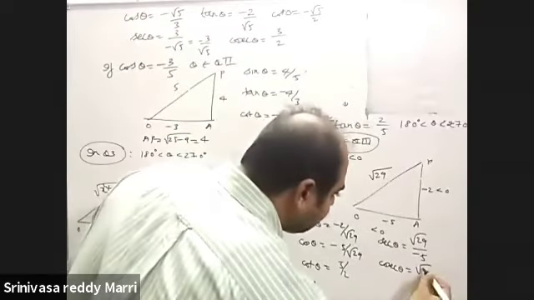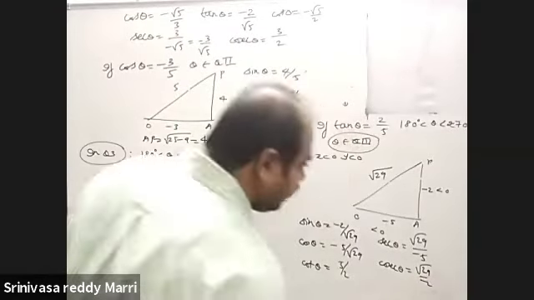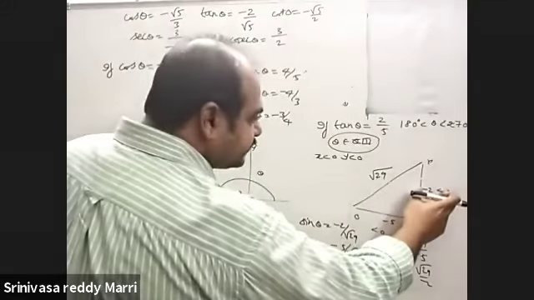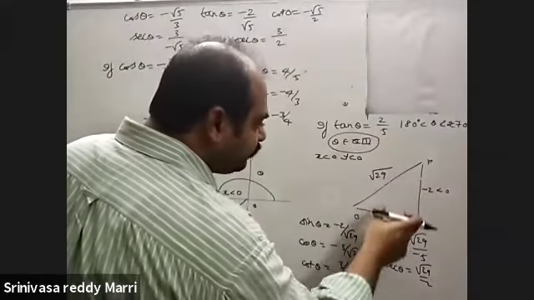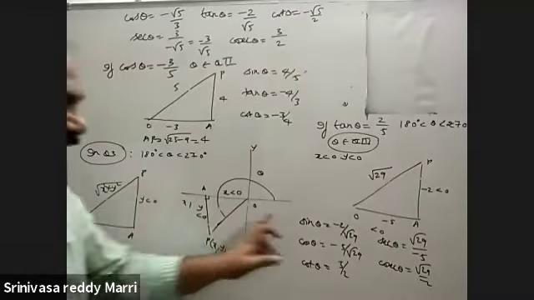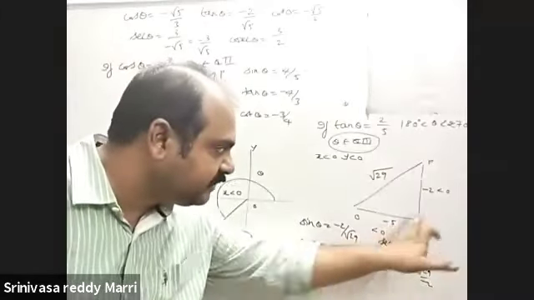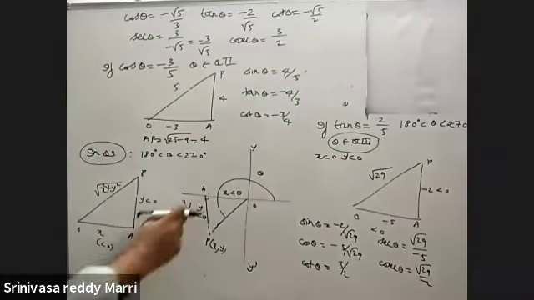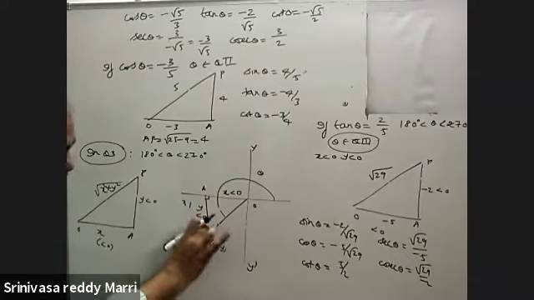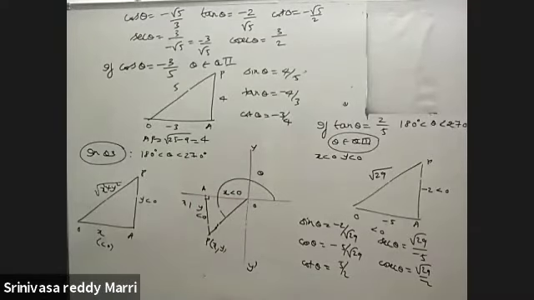Root 29 divided by -2. Just like that, x, y, whatever it is, if it is in a quadrant, you write according to the quadrant. Here, x less than 0, y less than 0. That only you write here, because the triangle will form like this. This is x, this is y, x less than 0 and y less than 0.